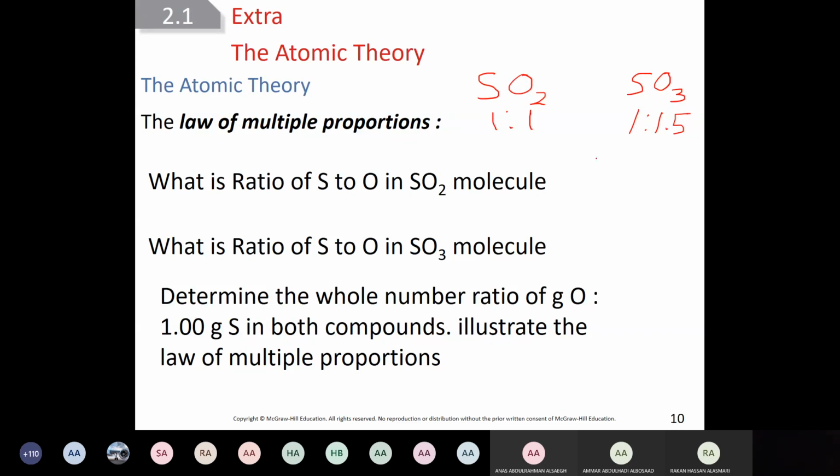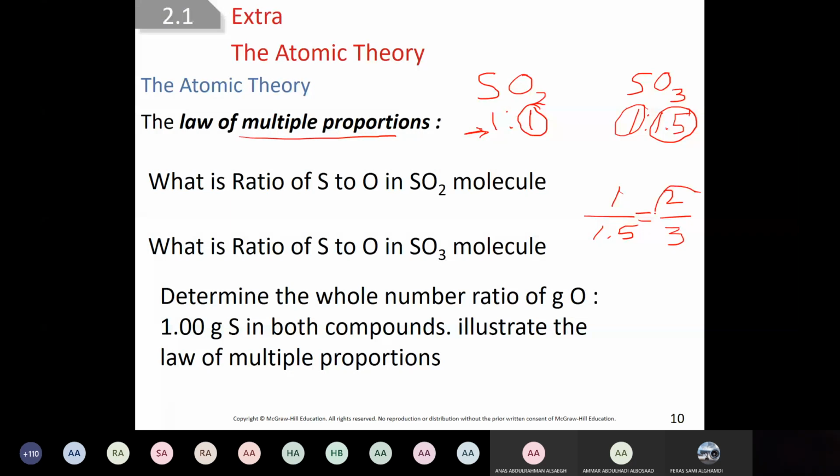Now, what should I do to calculate the multiple proportion? I should take the number that will react with 1 gram of this one, and the number that will react with 1 gram of this one, and you should write them above each other, 1 to 1.5. And is this a simple ratio? 2 over 3. Did you see these numbers in the compounds?